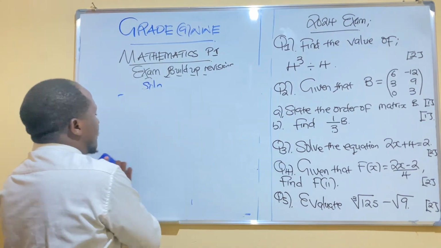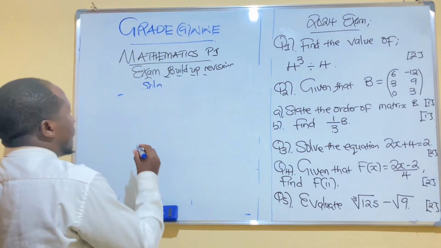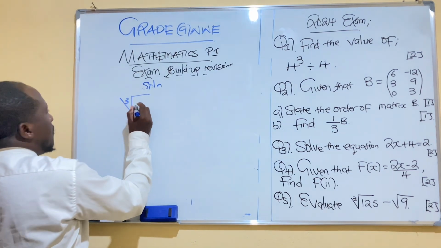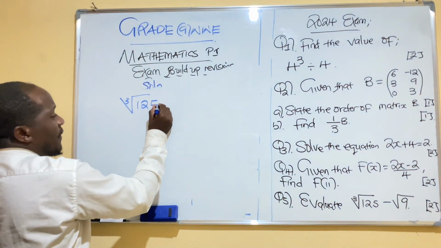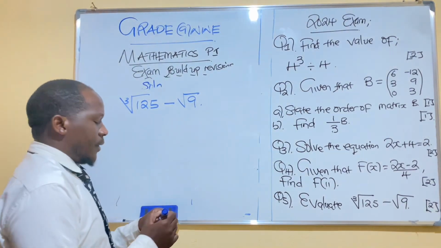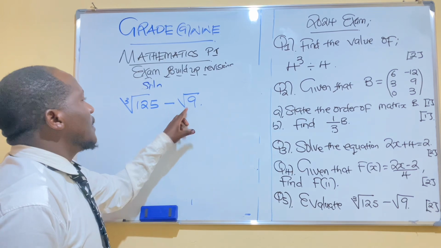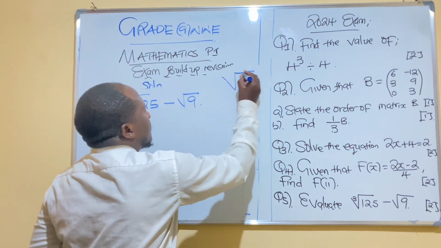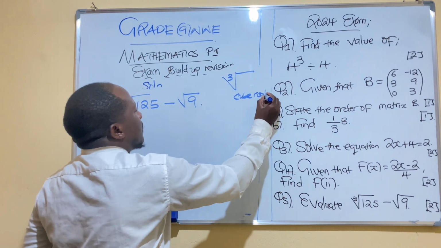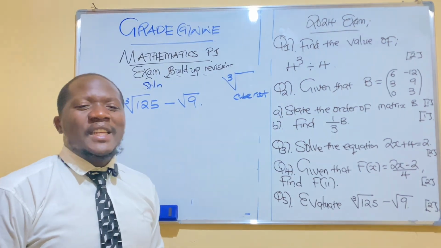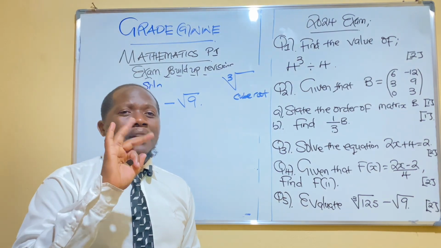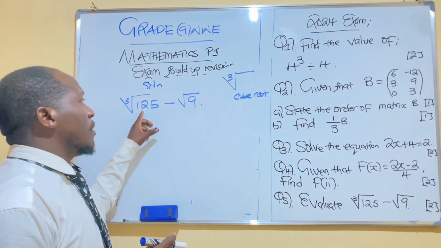Then lastly we have this one. So we have the cube root of 125 minus the square root of 9. This is read as a cube root, which means you're finding a number that you multiply 3 times by itself in order to get 125.